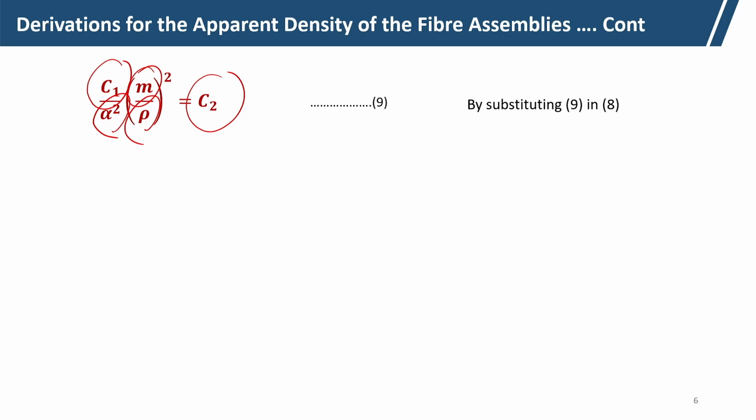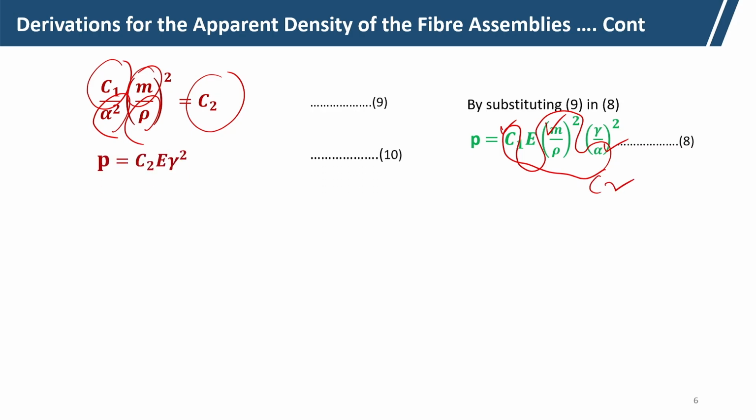By substituting 9 in equation 8, what is equation 8? This is equation 8. Here this portion and this portion are constant, C1 m by rho square by alpha square, so we take this portion out as C2.